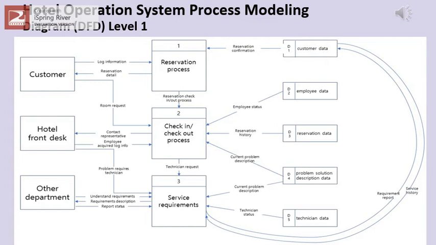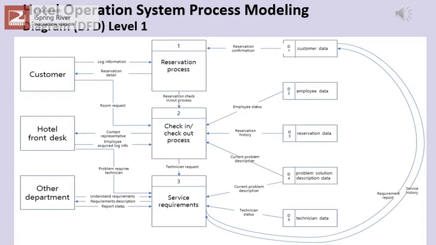So for that part, the D4, the problem solution description data, will be stored in D4, and it will feed back to the system about the current problem description, and show whether the guest's current problem has already been resolved or not resolved, to show the details about it as well.